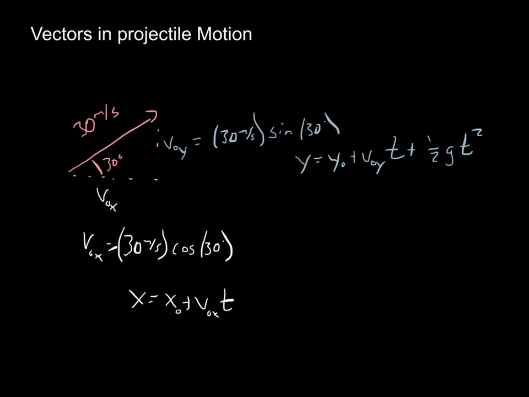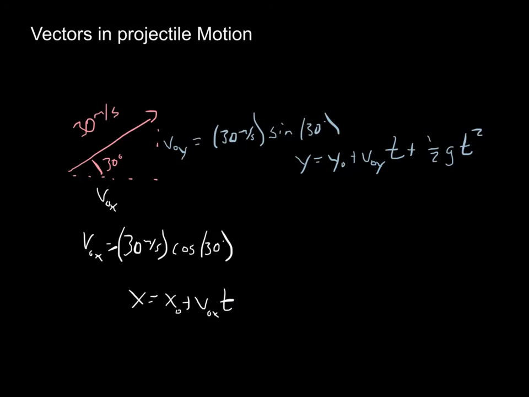Notice the thing that these two have in common is time. And this time is not specific to a direction, x or y. So a lot of times when solving a problem, it's really useful to know time. When you know time, you can go between and find out where things are and how fast they're going in each different direction at that specific time. So time is going to be a key for you in solving these problems.